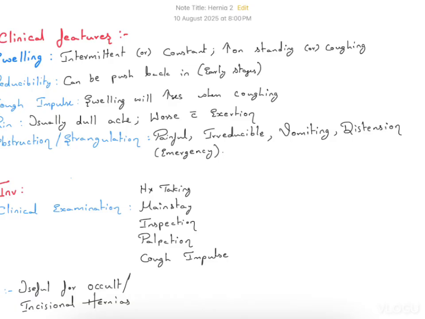In signs, while doing physical examination, in inspection we look for groin swelling, cough impulse and size. Next, in palpation we assess reducibility, tenderness and expansile cough impulse. Next, red flag signs: severe pain, irreducibility, vomiting, abdominal tenderness, tachycardia. Whenever the patient has these red flag signs, we have to suspect a strangulated hernia.